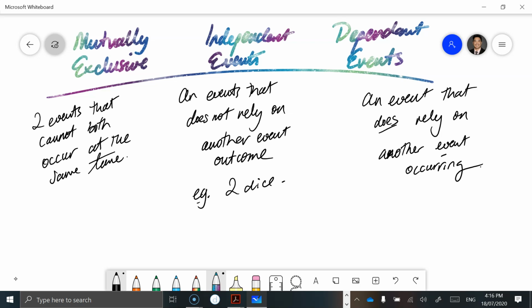In the previous video, we were looking at blue and red counters, and when you replace the counter back into the bag, it resets, so therefore it is independent. It doesn't affect the first outcome, doesn't affect the second outcome. But when you take something out of the bag and it doesn't get replaced, then that second event does get affected, which makes it dependent.